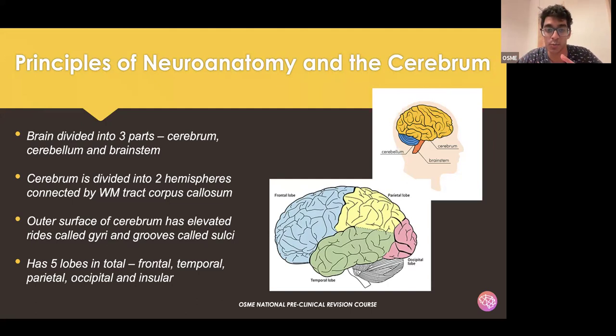Then the white matter, which is like the axons, is on the inside. So I think the easiest way to think about that is, I personally remember that the corpus callosum is white matter and that sits on the inside.